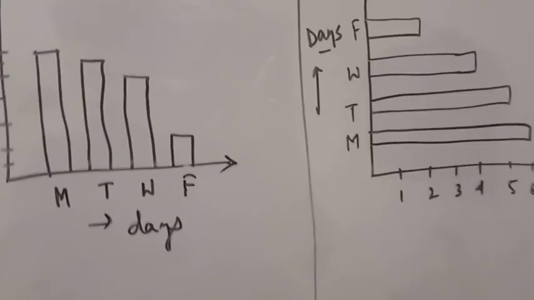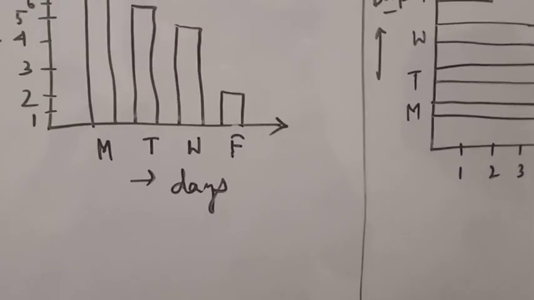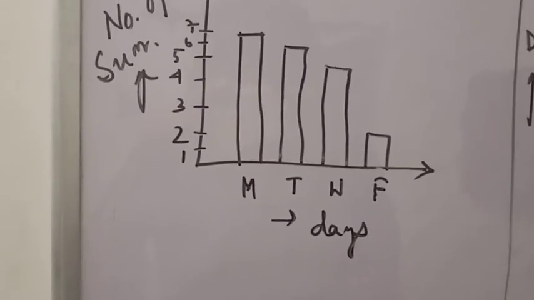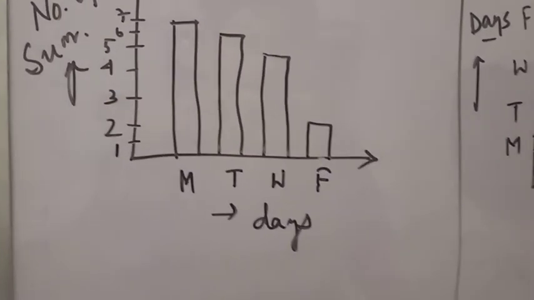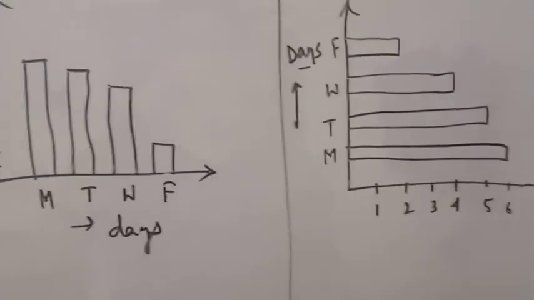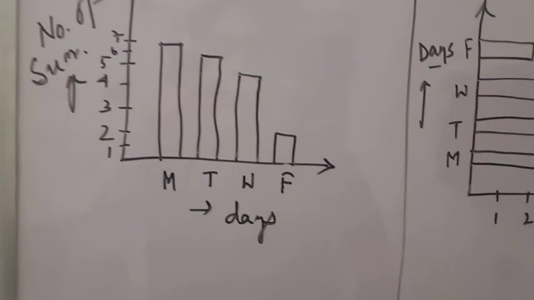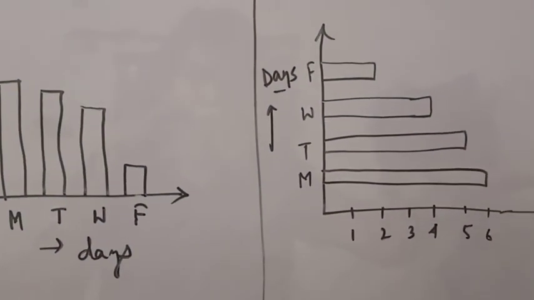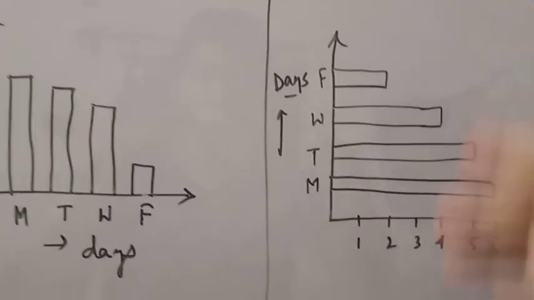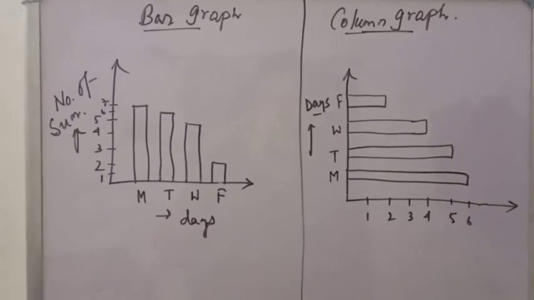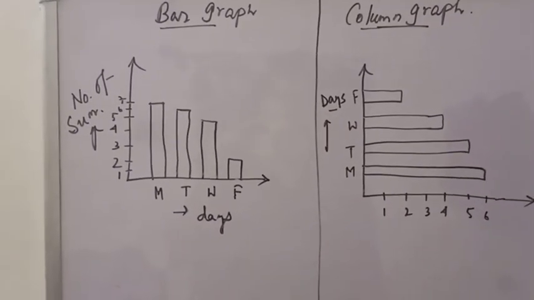Okay. So this can be drawn vertically or horizontally. This is horizontal. Horizontal means column graph and vertical means bar graph. Okay. So when we are drawing horizontally, then this is the column graph, and when we are drawing vertically, then this is the bar graph.